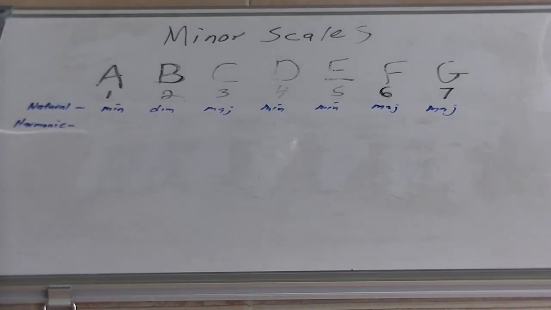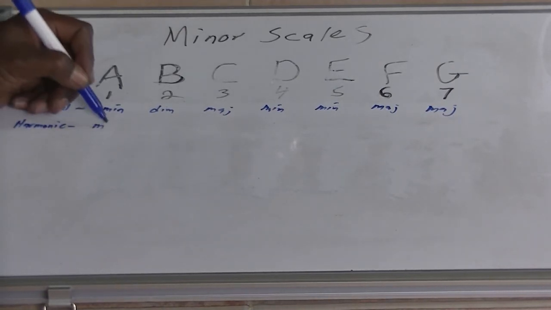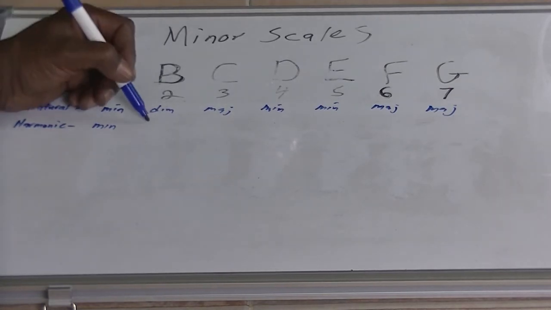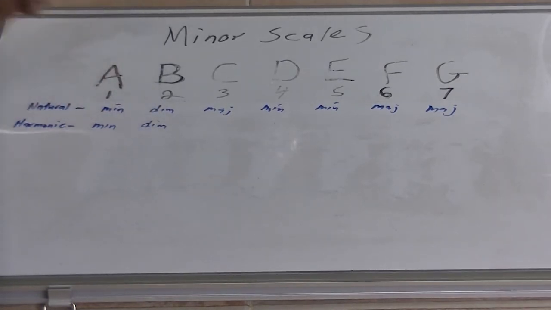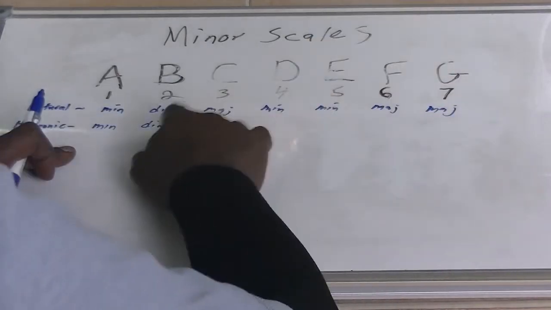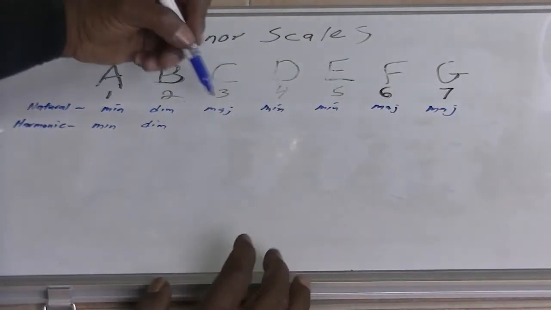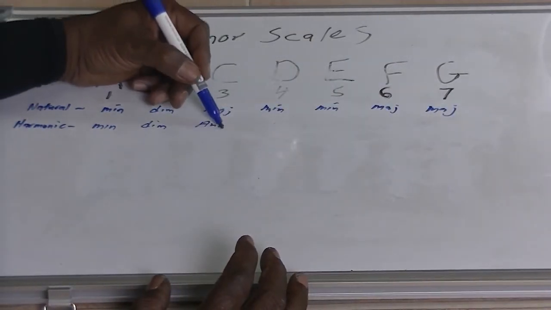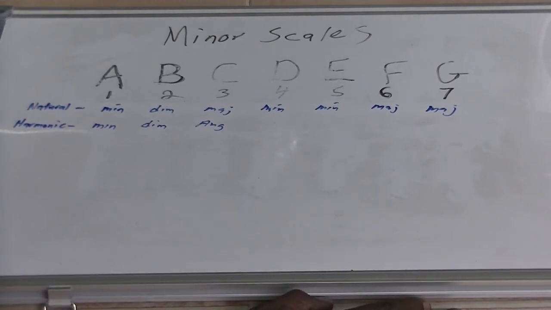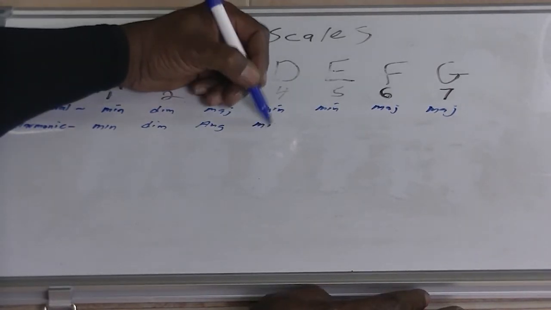When we go to the harmonic minor, we still have the 1 chord as minor, and the 2 chord is still diminished. However, when we get to the 3 chord, because now we have the G sharp note, the 3 chord becomes augmented. And so our 4 chord is minor.